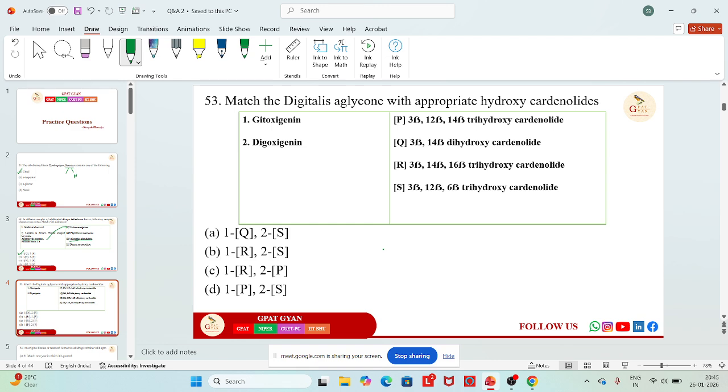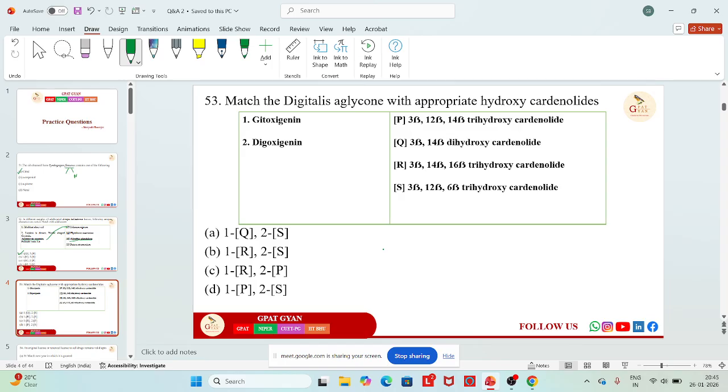And the position of the hydroxyl group. Now you note for the digitoxygenin. For the digitoxygenin, the hydroxyl group is present at 3 beta and the 14 beta position. For the digitoxygenin, 3 beta and 14 beta position, the hydroxyl groups are present.